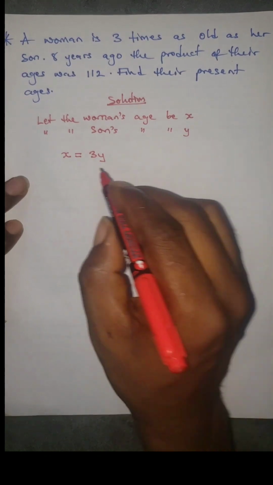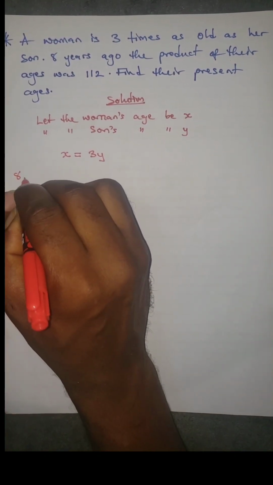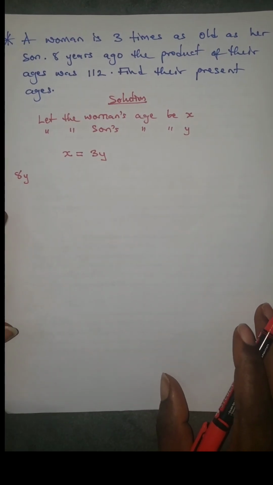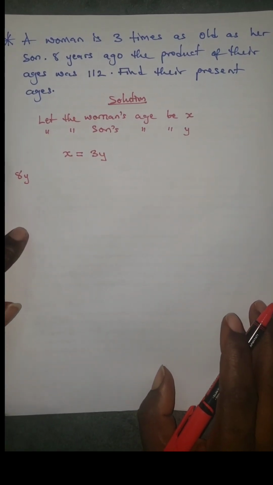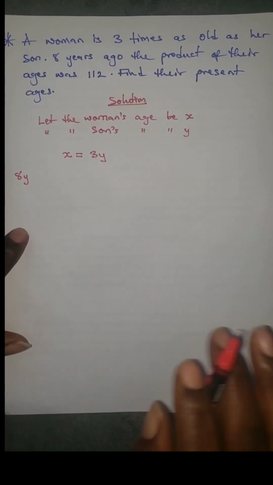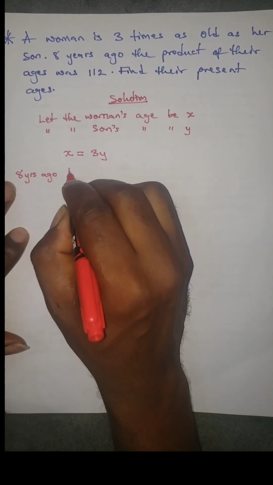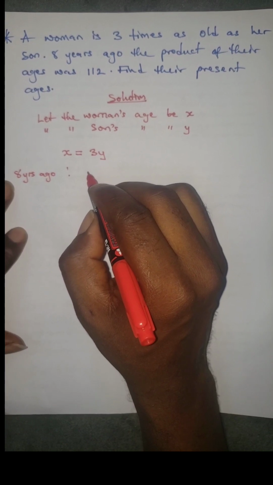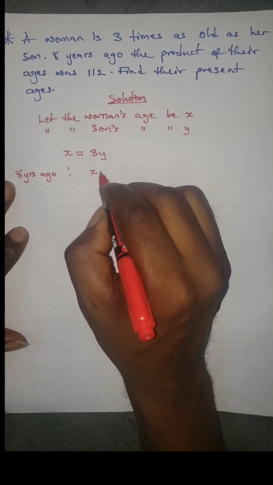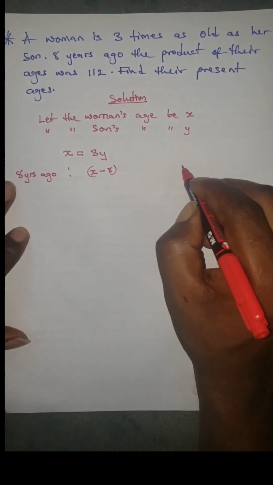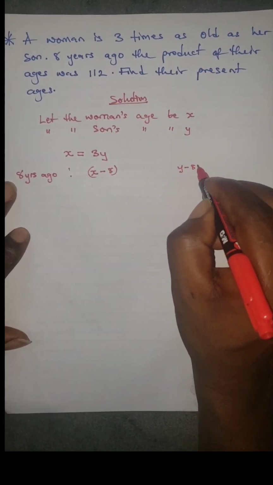Now, 8 years ago. 8 years ago is the past. So the woman will be x minus 8 and the son will be y minus 8.